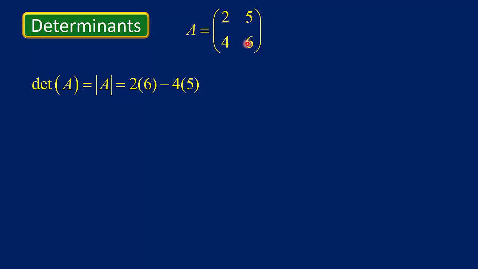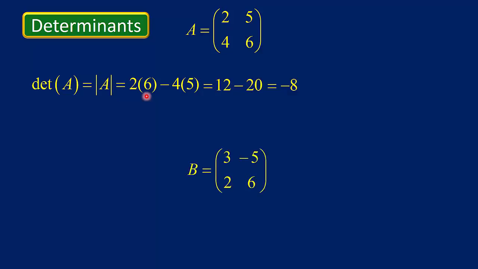So 2 times 6 minus 4 times 5. So this is going to be 12 minus 20, and we get negative 8. So that's how we calculate that.